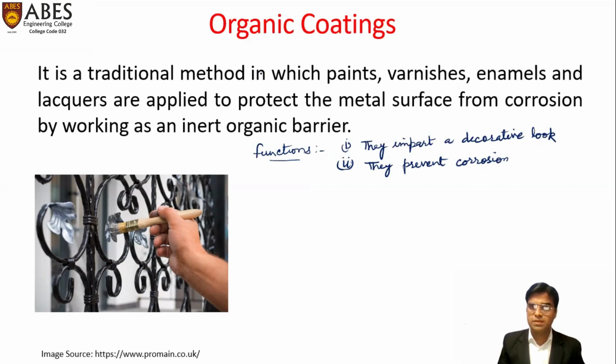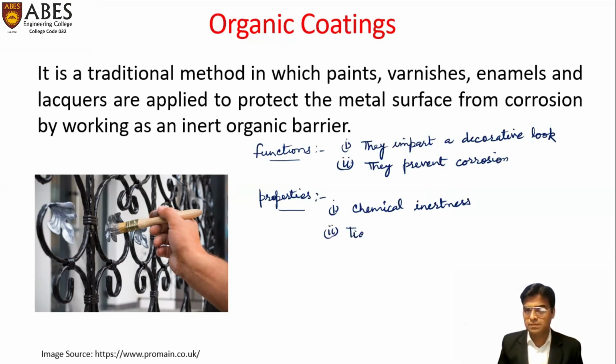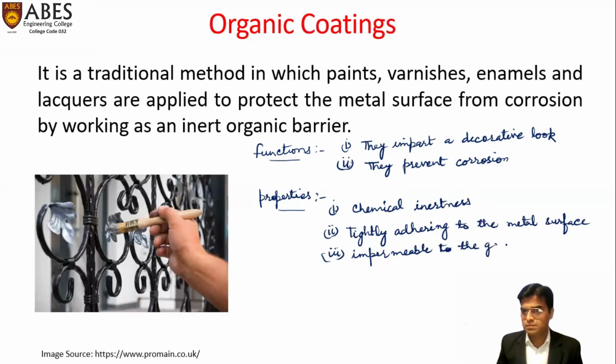To work as the organic coating, the coating should have certain properties, and among them, some of the major properties are: it should have chemical inertness towards the corroding environment, it should be tightly adhering to the metal surface, and it should be impermeable to the gases, salts, and moisture.